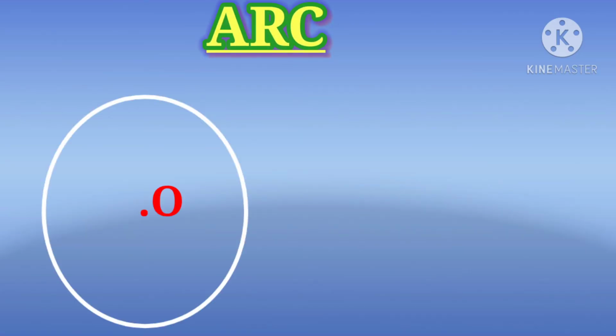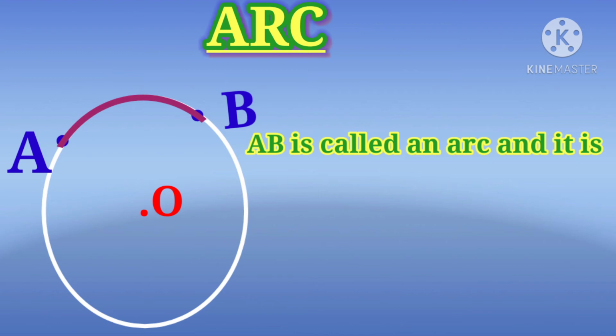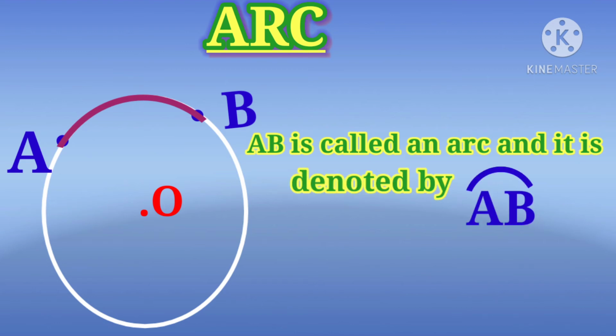Children, the next term is arc. In this figure, 2 points A and B are on the circle and they are dividing the circumference of the circle into 2 parts. In the figure, AB is called an arc and it is denoted by arc AB.